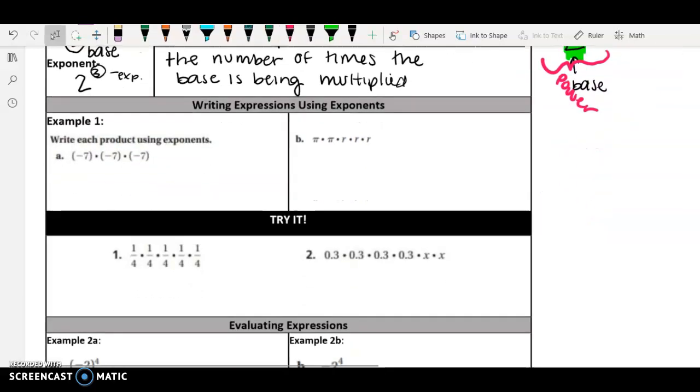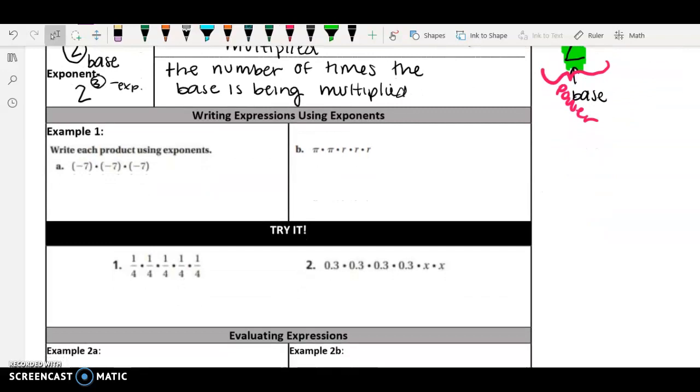All right, so let's use that vocab and try solving some problems. First we're going to write expressions using exponents. Instead of having to write -7 over and over again times itself, we use exponents, just like when we add the same number over and over again, we multiply.